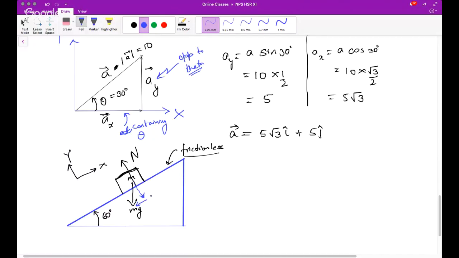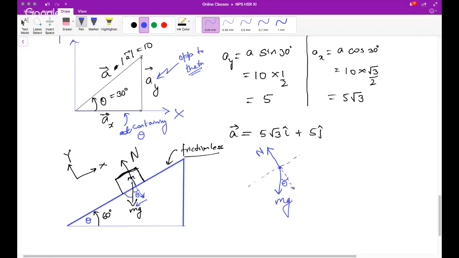How do we resolve that? Let's say this theta was 60 degrees. If this is theta, this angle is 90 minus theta, so this angle has to be theta. Now if I draw it separately, let's say this is the point object, considering the center of mass, and this is my mg. This was my normal, and this was the incline, and this was 90 minus theta, and we said that this is theta.